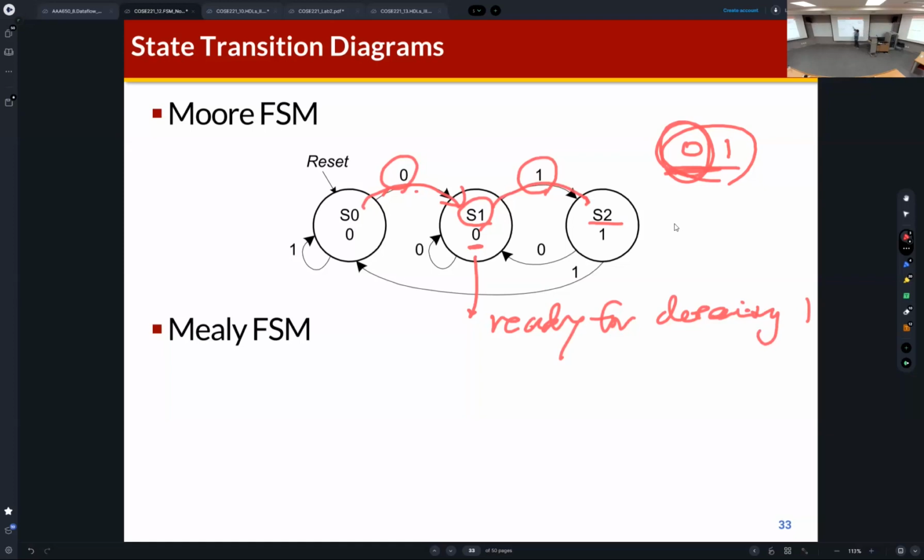So for this S1, if the next input is 0, it's the same because the previous event is 0, so it goes to S1. Okay, S1 means that it's ready for detecting 1 because the previous event is 0, and the 1 is here. So in S2, the current sequence is 0, 1.